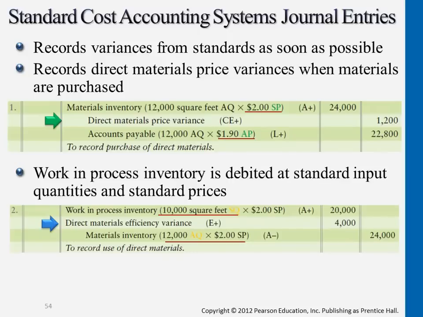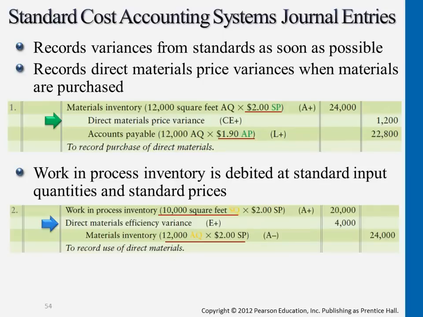Okay, so as opposed to that, what we see here, can you explain what this is? Second entry. First, we purchased material. What did we do second? We under budgeted, and what is this category specifically on? Using materials, right?